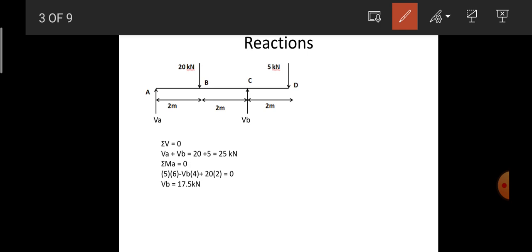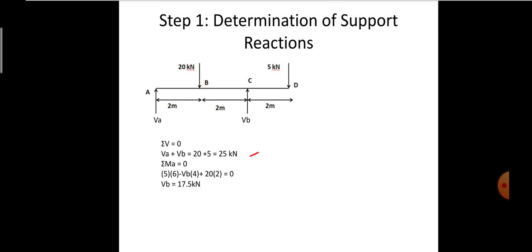After getting VC, if I substitute this in the vertical equilibrium equation, I get the value of VA as 7.5 kilonewton, that is 25 minus 17.5. So this is all about the determination of support reactions by using the equilibrium conditions.